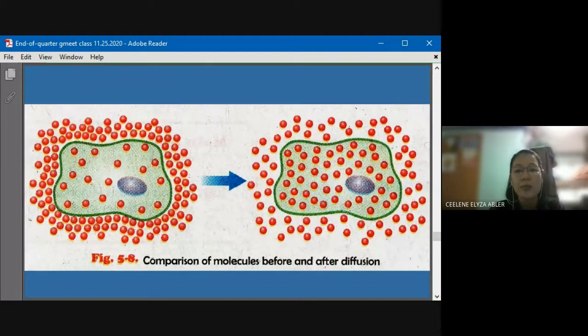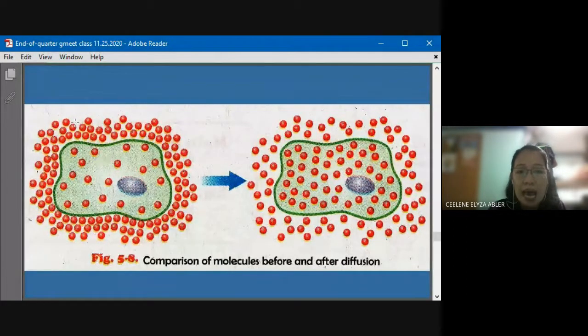Alright, so this is your example of dynamic equilibrium. Before dynamic equilibrium, you have a gradient of concentrations, a difference in gradient concentrations. This is your high gradient concentration, because the gradient here refers to the red colored molecules.